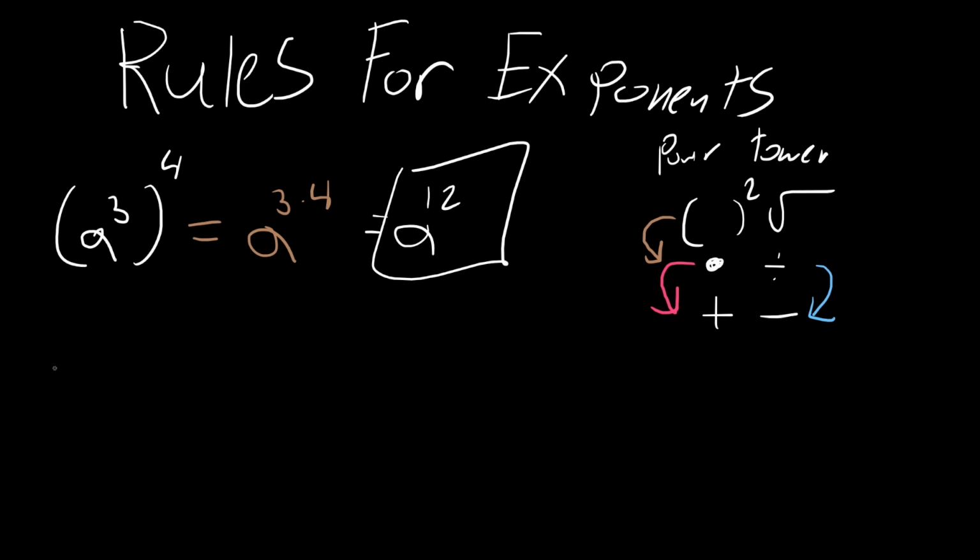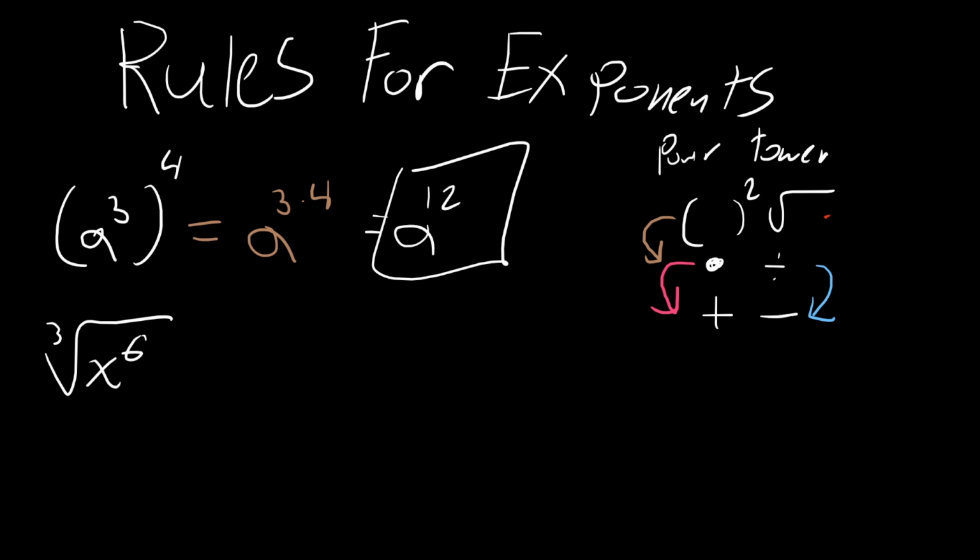Let's say we have a cube root of x to the sixth power. Now, what am I going to do between these? Well, once again, I'm going to go over to my power tower, and I'm going to find the operation that's happening. In this case, I see I have a square rooting happening of my exponent, square rooting.